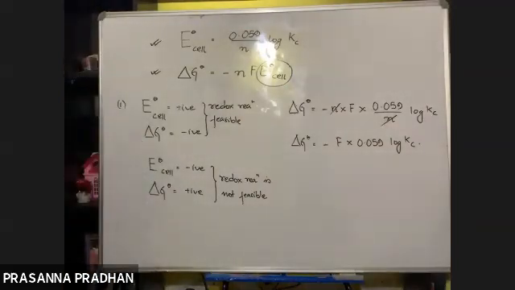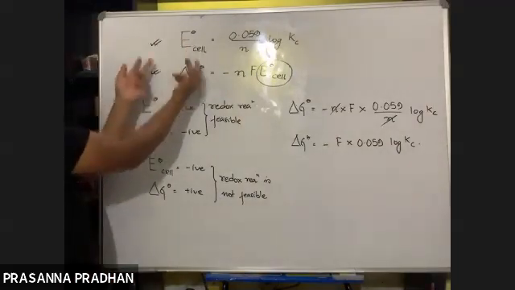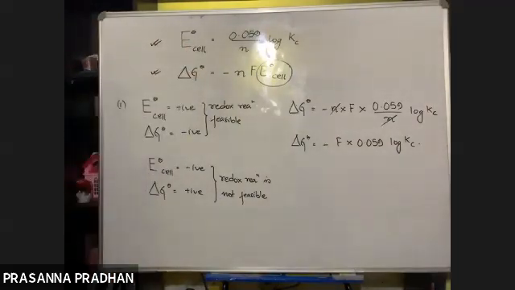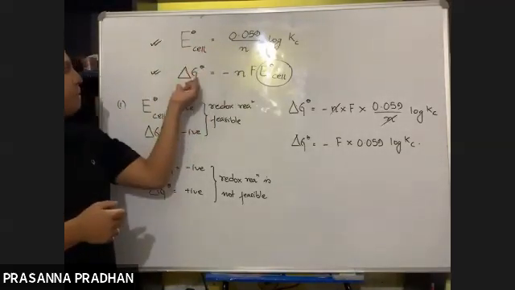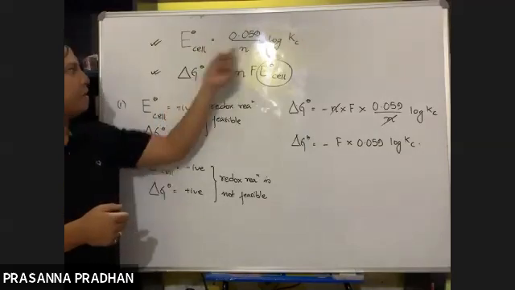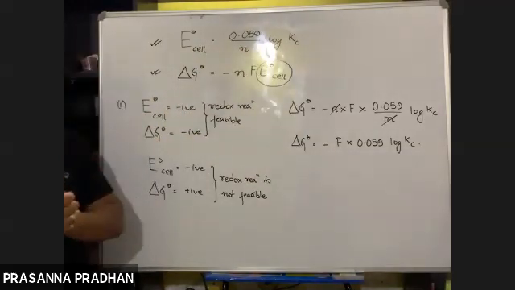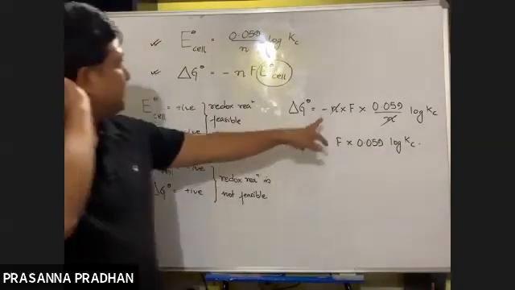These types of questions are very common at your board level. So you just need to remember this equation. It's too easy. If you remember these two equations and substitute the value of E naught cell, we can find out the relationship between delta G naught and the equilibrium constant. Here n is getting cancelled out.